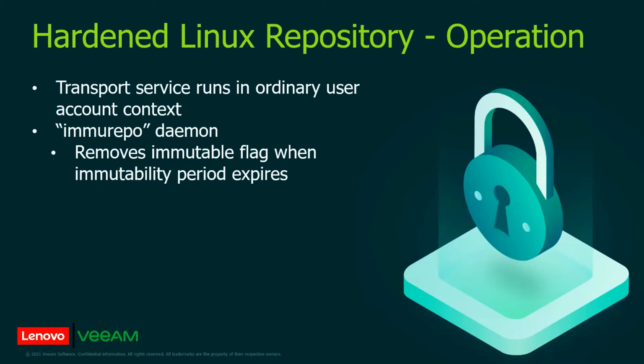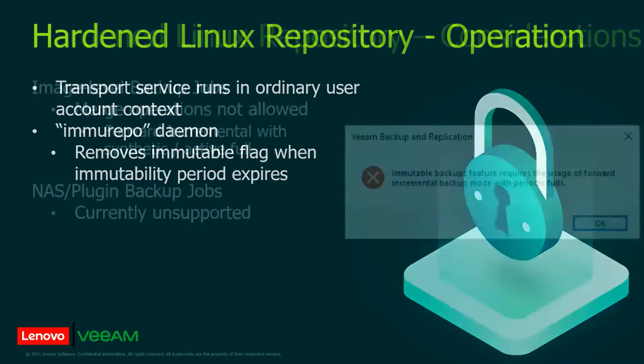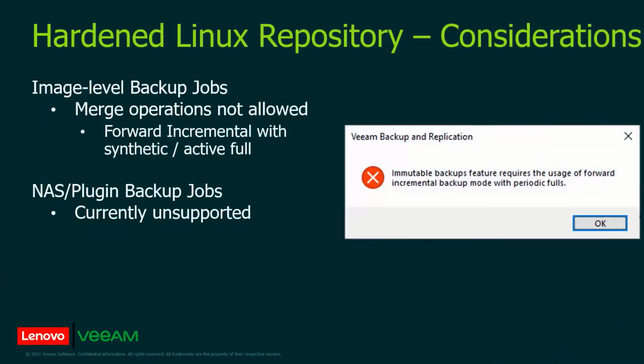So a couple things relative to your backup jobs for the Hardened Linux repository. One, for image level backups, for your ordinary Veeam backups that everybody's used to doing, we don't allow, for obvious reasons, merge operations. So say you were running a forever forward chain for 2 weeks or a month. If you're saying run for 2 weeks, on day 15, you know what happens.